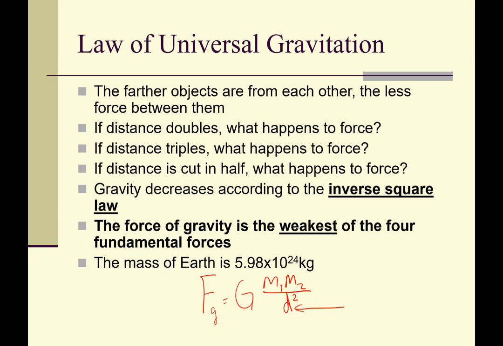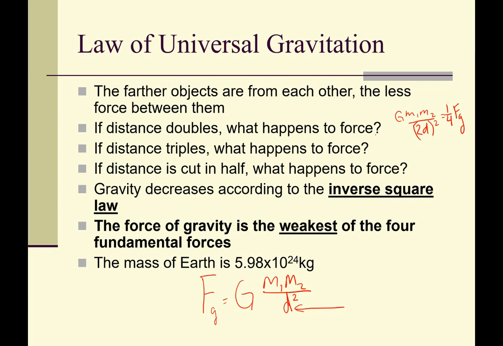If I double that distance, I end up getting G times m1 times m2 divided by (2d) squared. So now what I've done is I've pulled out that 1/4, and then I have the same value as my force of gravity. So I've cut that force to 1/4 by doubling the distance.